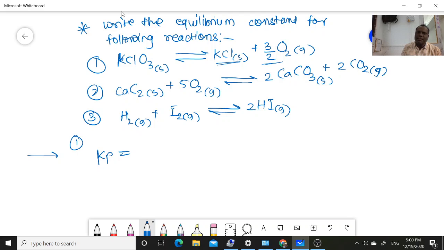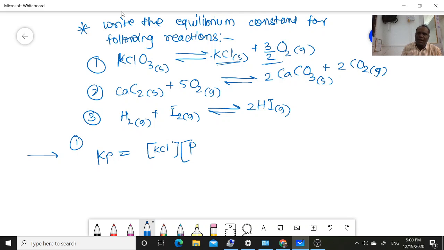KCl is a solid, so we have to write it in the concentration term. It has only one molecule, so no need to give a power. O2 is a gas, so we cannot write it in concentration.